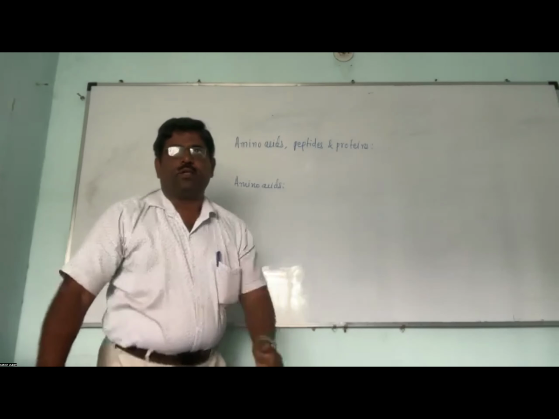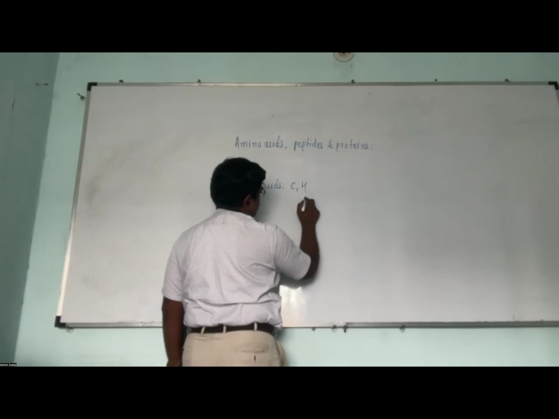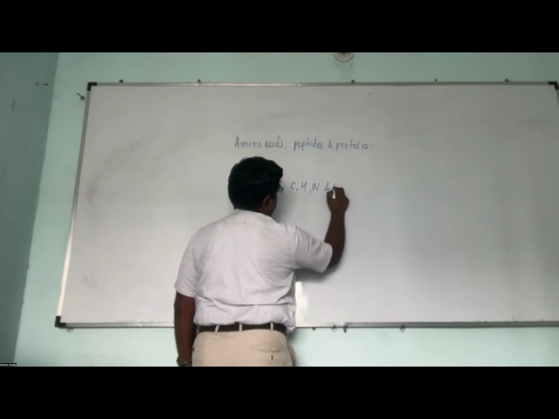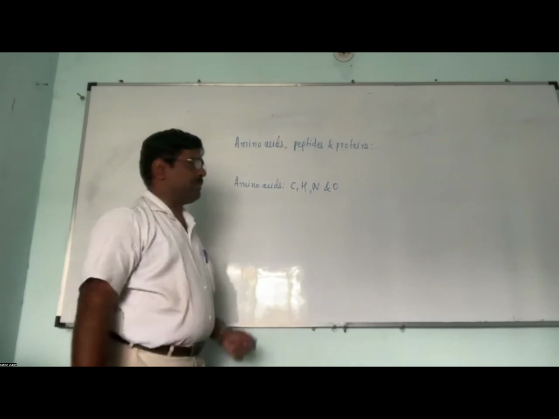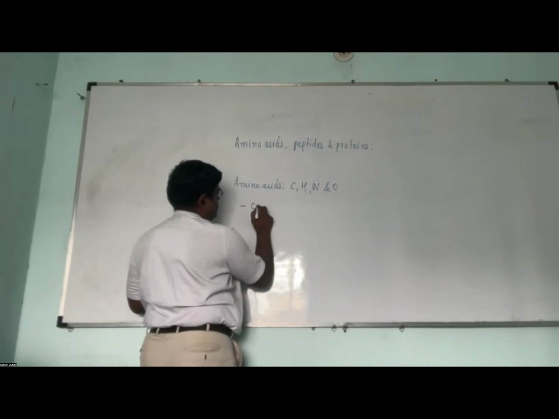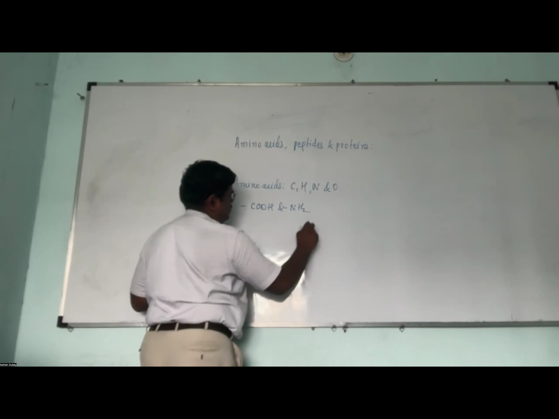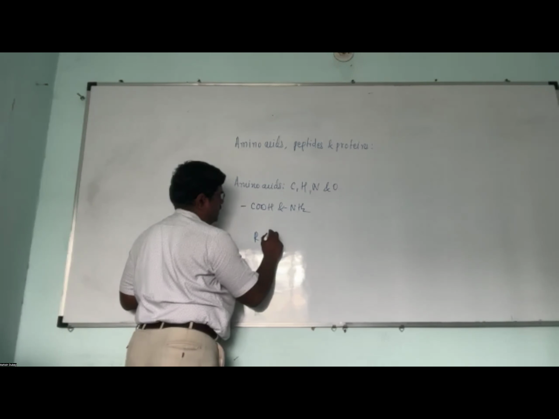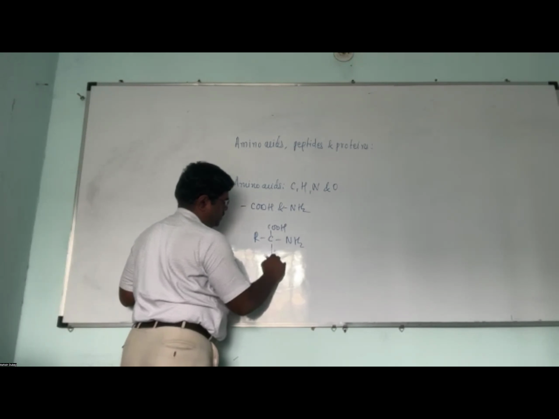So amino acids are organic compounds containing, along with carbon and hydrogen, nitrogen and oxygen. They contain both a COOH group and an NH2 group in their structure, with the general formula R-CH(NH2)-COOH.